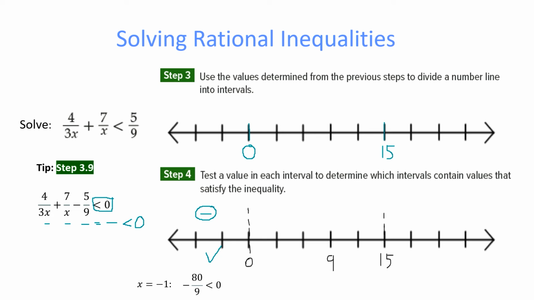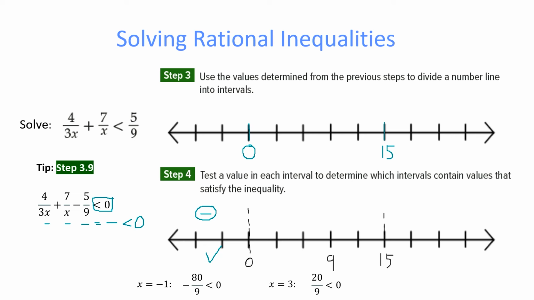Let's go to the middle interval. Now, again, you can try any number between 0 and 15. I tried number 3. So when you put number 3 here, it's a little bit more complicated because two numbers are positive, one is negative, so we actually have to do a computation. When you substitute x with 3, you will get 20/9.